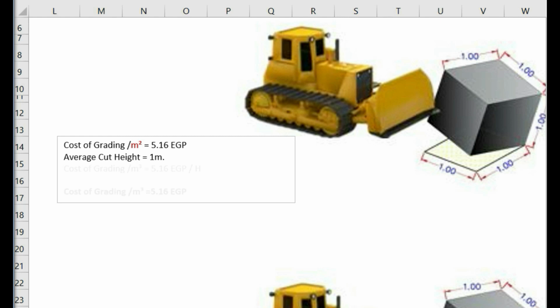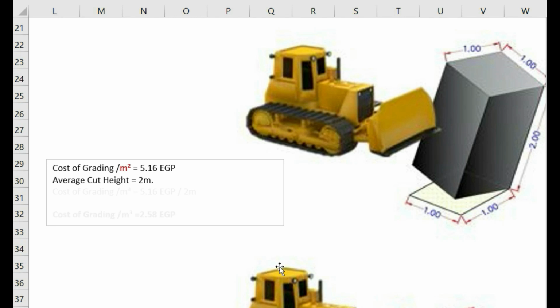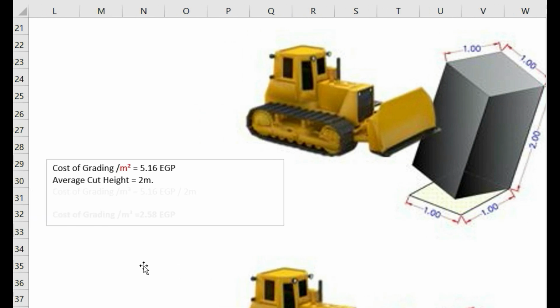The grading cost is still the same in meter square, whatever the height of the cube. Here we have a cube, base 1 meter by 1 meter, but the height here is 2 meter, right? The same square meter cost of grading.